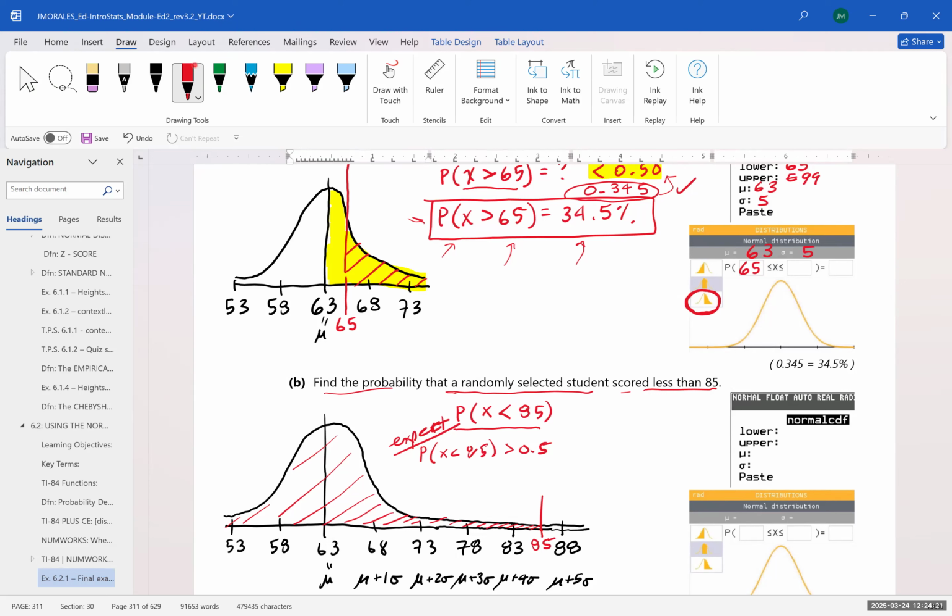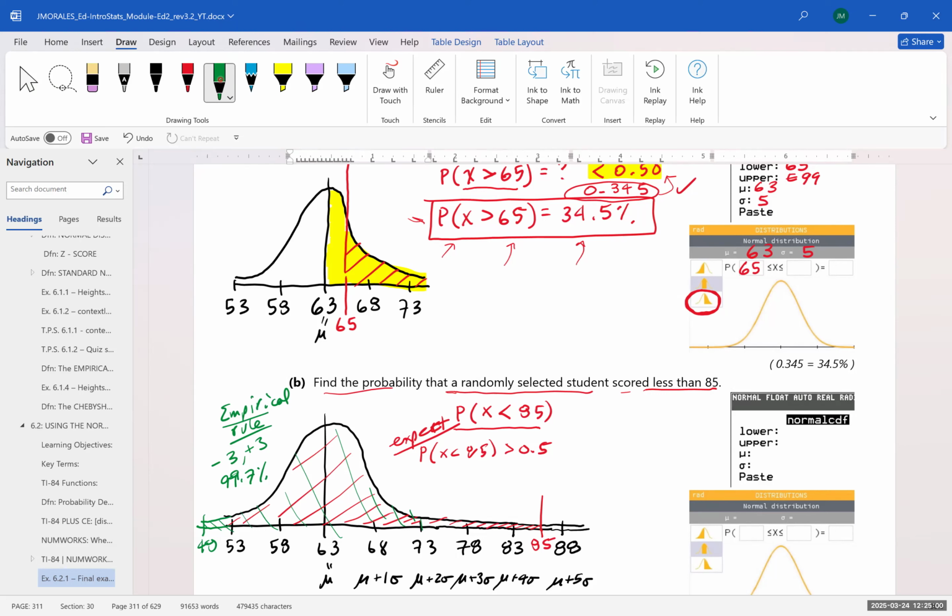But let me also make you recall the empirical rule. The empirical rule said that within -3 and +3, so within 3 standard deviations of the mean, this area from here to here was 99.7%.